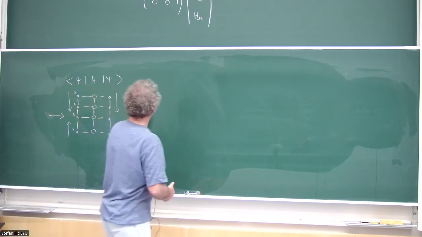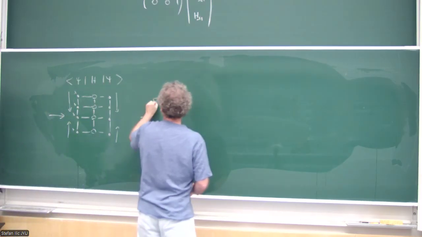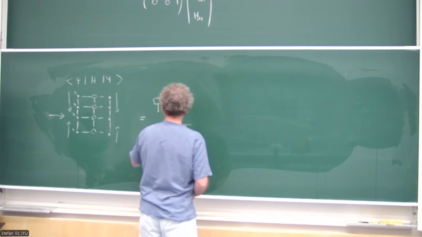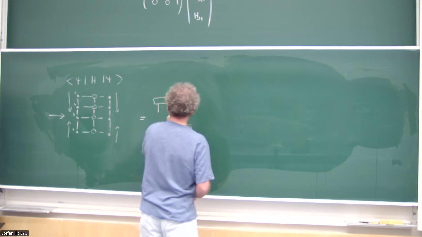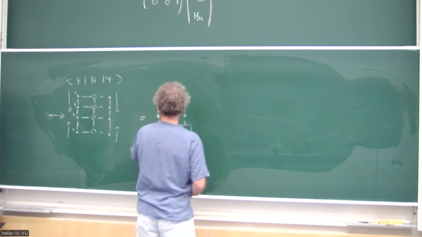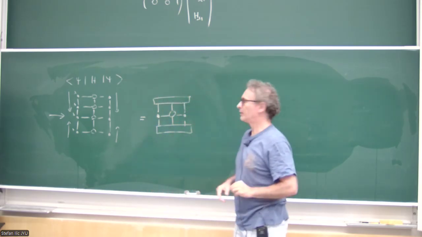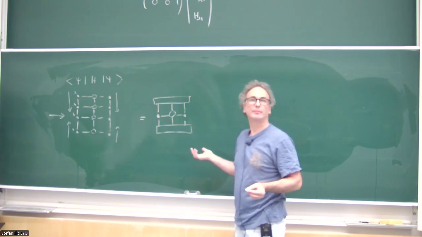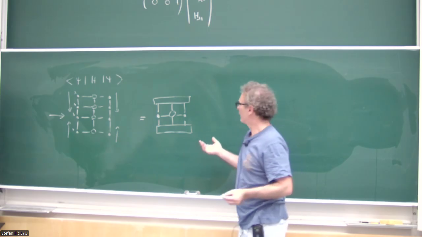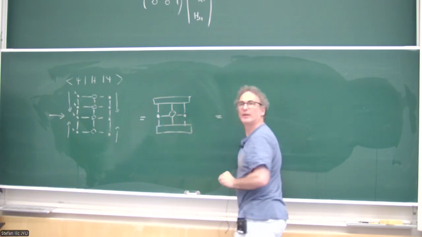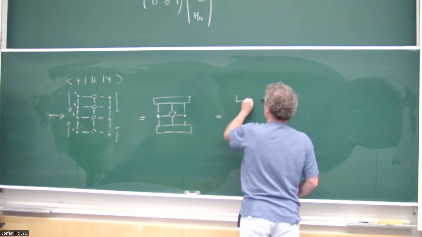And this is actually equal to some upper environment times this. So I'm going to write it in 2 ways. Here I didn't contract the central one. So if I contract it, then I get something like this.